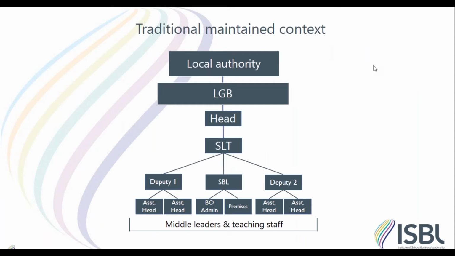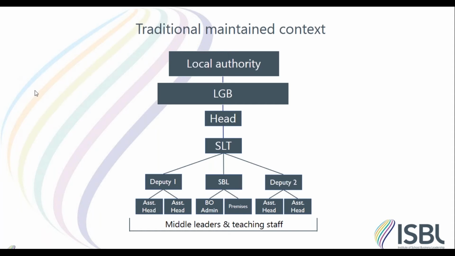So if we start by having a look at the traditional maintained context, where the local authority presides over the school, the governing body is accountable to the local authority. In turn, the governing body has responsibility and holds the head to account.